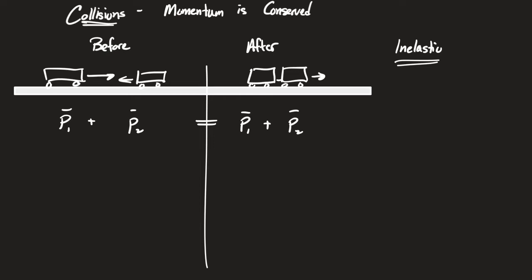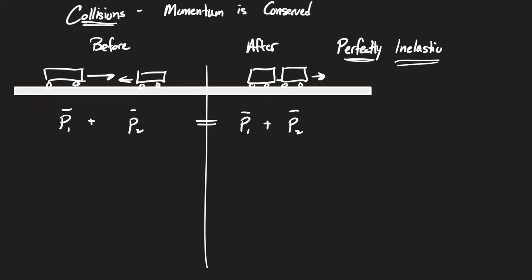All collisions in nature are inelastic, except for like atomic collisions. This one is perfectly inelastic. That phrase, perfectly, means the two objects join together. So they can tell you the objects join together, or they can say it indirectly by saying they have a perfectly inelastic collision. If they say that, they're telling you that the objects joined together.